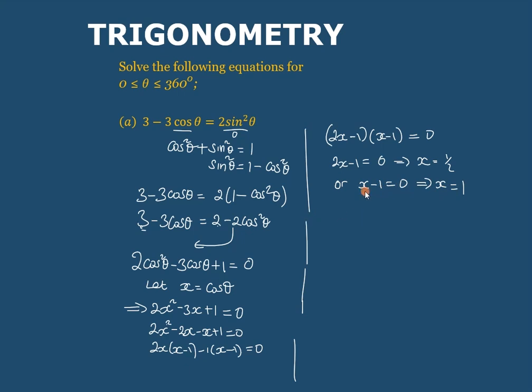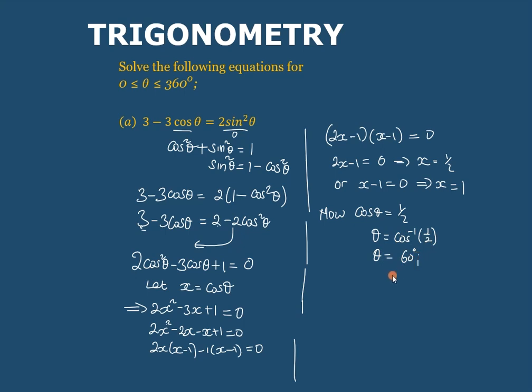So for x equal to a half, when x is a half, then cosine of theta is equal to 1 over 2, implying that theta is equal to the arc cos of 1 over 2, and this theta will be equal to 60 degrees.